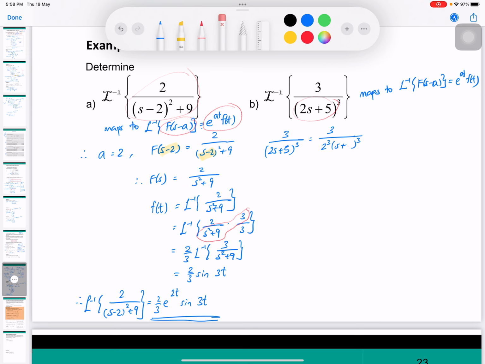Sorry, this is 5/2. Okay, I'll take this one out first. So this is 3/8 times 1 over s plus 5/2 to the power of 3. I can put it as s minus minus 5/2.